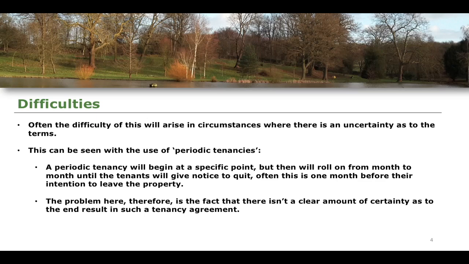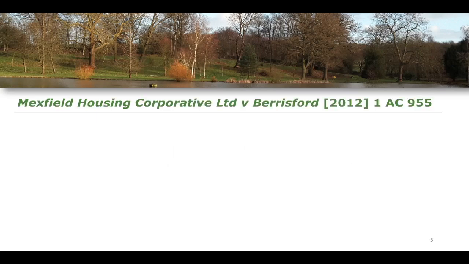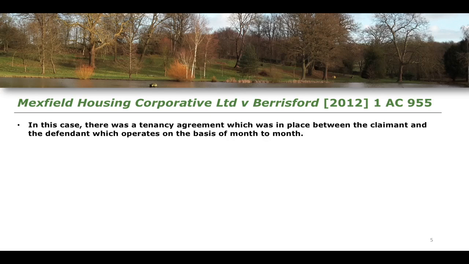Well, the case of Maxfield Housing Cooperative versus Beresford from 2012 gives us an indication of how the law treats this type of tenancy agreement, because they do word it in a different way that leads to a conclusion that is potentially satisfactory for being able to fit the idea of a periodic tenancy into the basic characteristics that we cite in Street and Mountford.